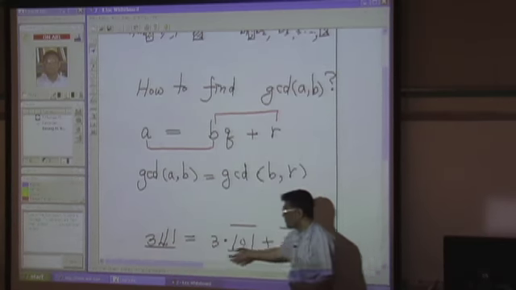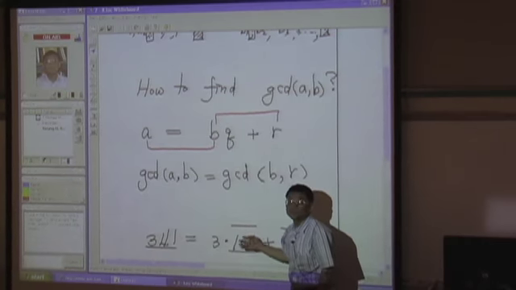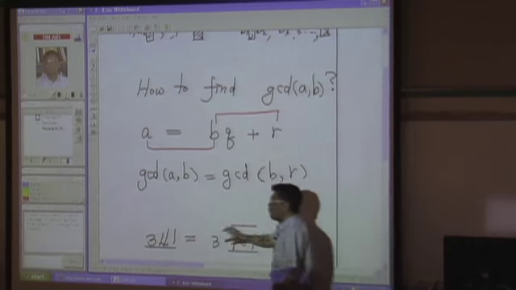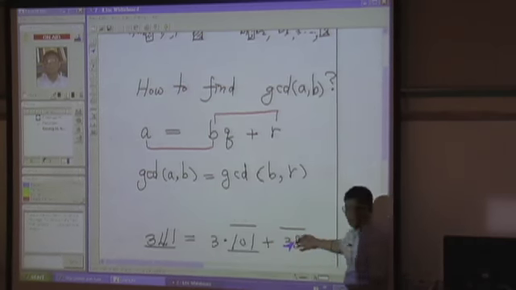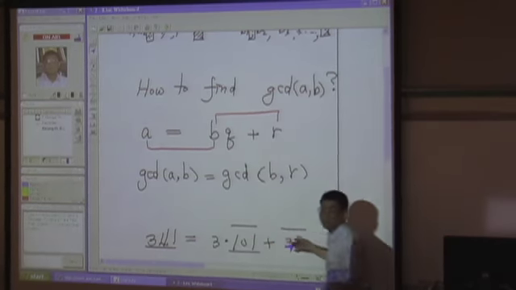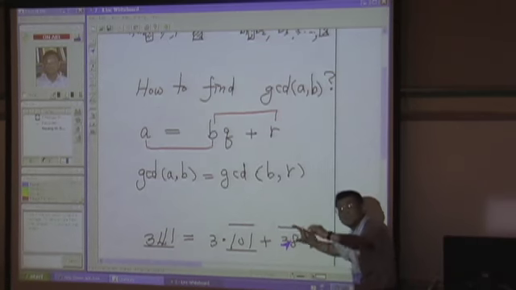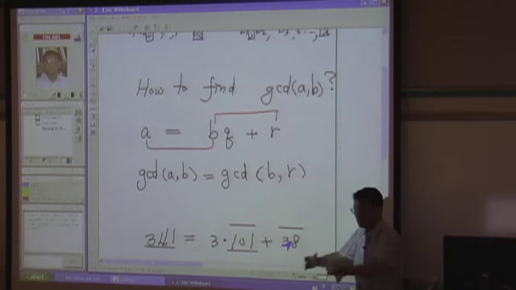What is it? If you consider the GCD of two numbers, such as these, then use the division algorithm to make a small number. Instead of worrying about big number divisors, worry about small number divisors. In other words, the GCD of these two numbers is the same as the GCD of these two numbers, the smaller ones. And then we repeat this over and over again.